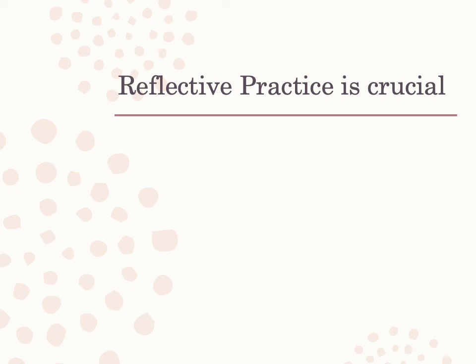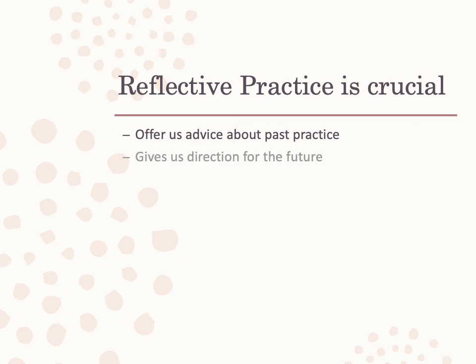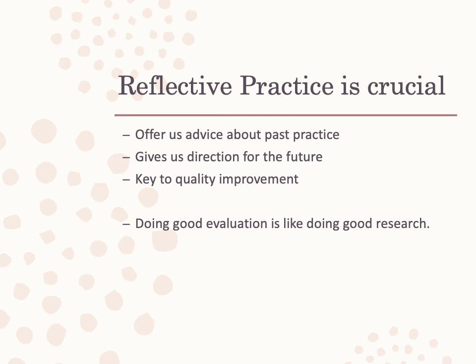Always when we are thinking about our planning and our practical implementations, we want to make sure that we are always reflecting on what we do and how we do it. It gives us advice about our past practice to inform our future practice. We want to make sure that we are always looking to make things better. So what are our quality improvement processes? We want to make sure that we are evaluating every element, not just one aspect.